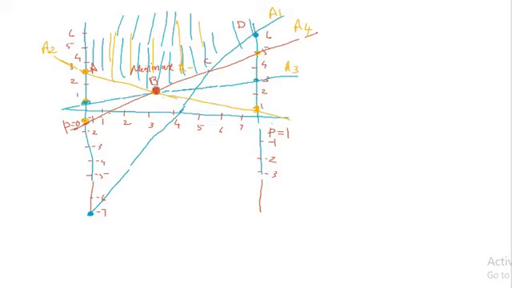Then this yellow line corresponds to a straight line joining the points 3 and 1, and name it as A2. Then this blue line corresponds to the straight line joining 1 and 3, and name it as A3. Then this red line corresponds to the straight line joining -1 and 5, name it as A4.